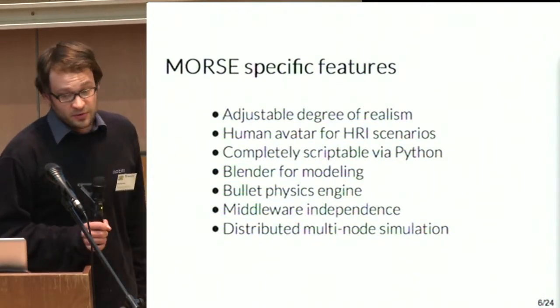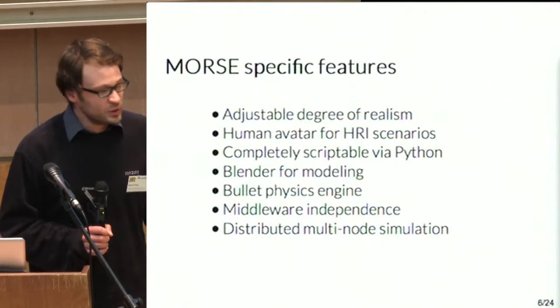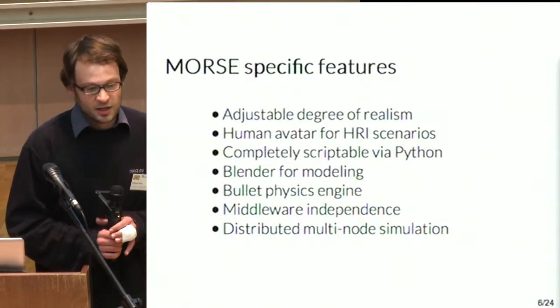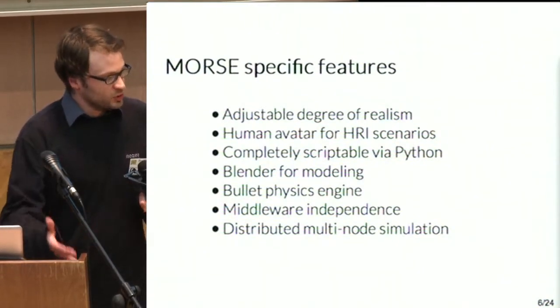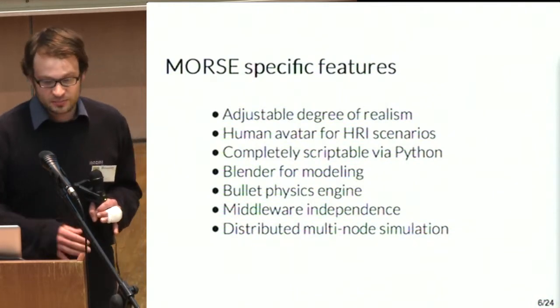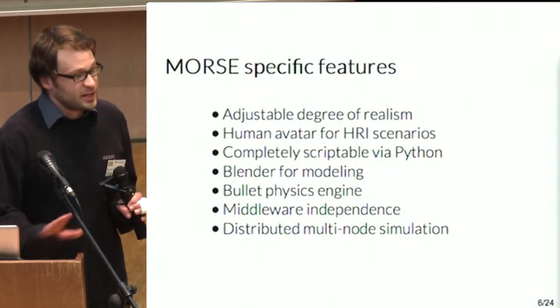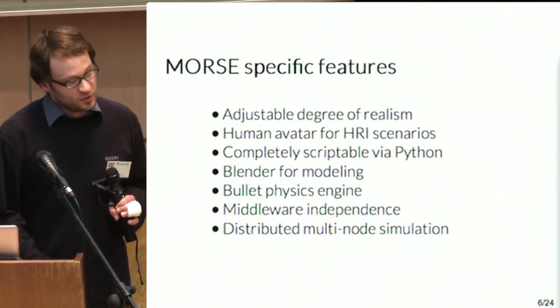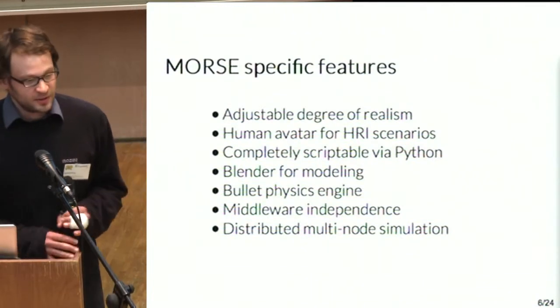Also a great plus for me was the human avatar. Since I really want to change my environment dynamically in real time while the robot performs things, I can just, like in a 3D computer game, control a human, do pick-and-place actions, open and close doors, switch lights on. Another feature of MORSE is that it's completely hackable via Python. It uses open source projects only, so you can hack basically anything.